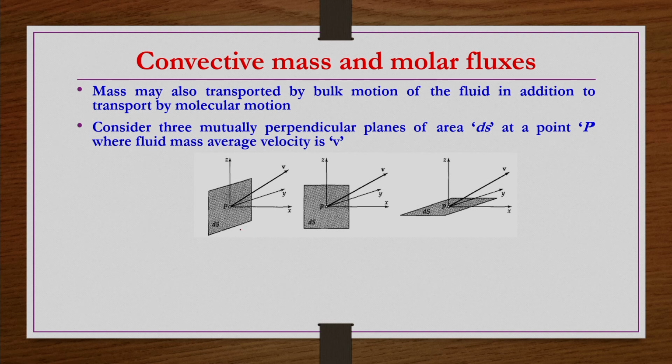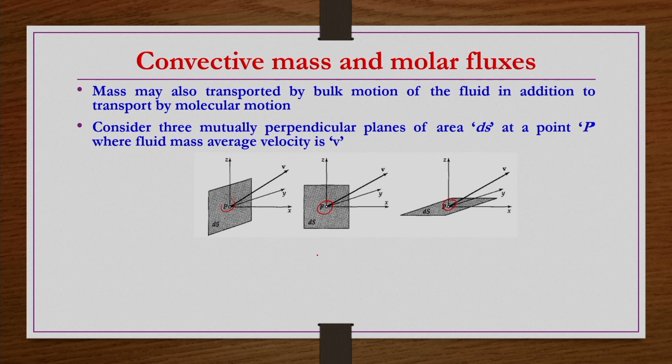The surface ds is there at this point P, and we are taking the fluid mass average velocity V at all three planes. Basically, these planes are presented in one picture. One plane is perpendicular to the x direction, another plane is perpendicular to the z direction, another plane is perpendicular to the y direction.